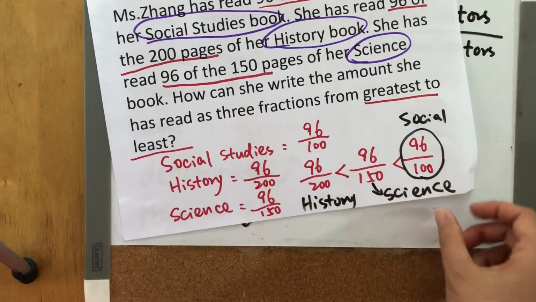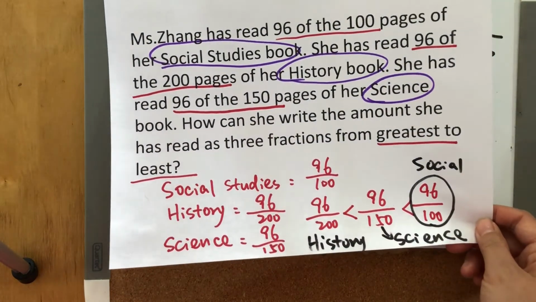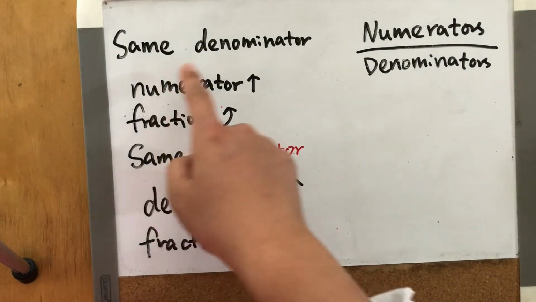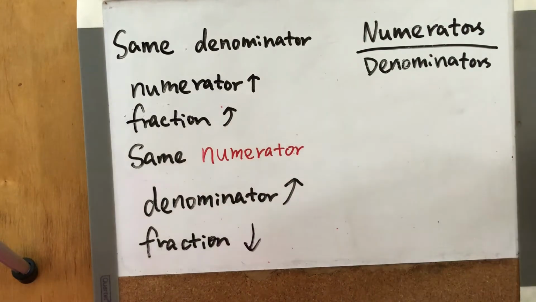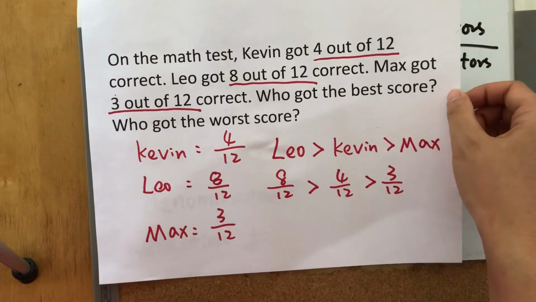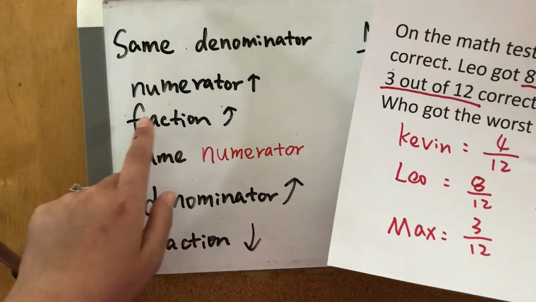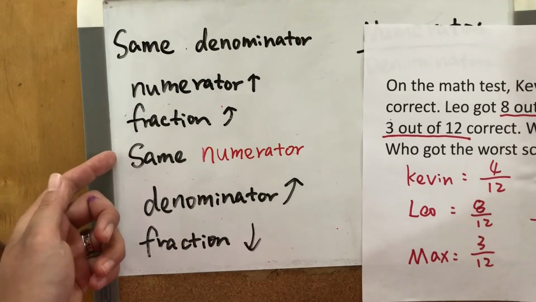Again, let's review what we have learned in this lesson. If you have the same denominator, so in that case, in the math test, same denominators, then if the numerator is bigger, then your fraction is bigger.